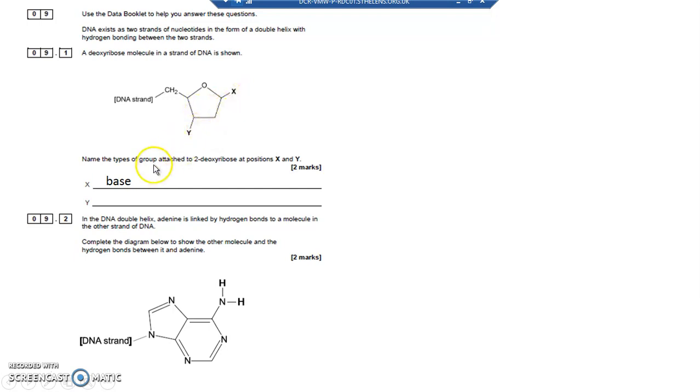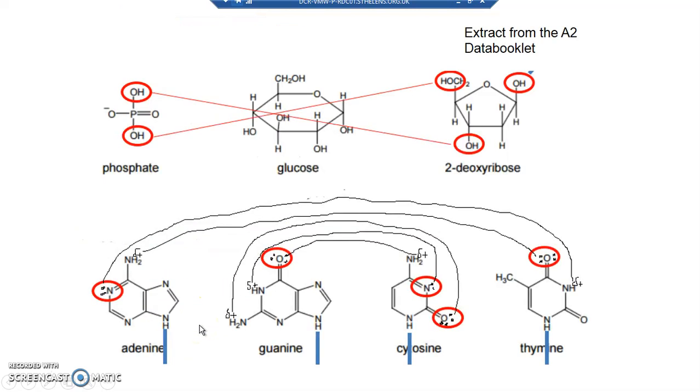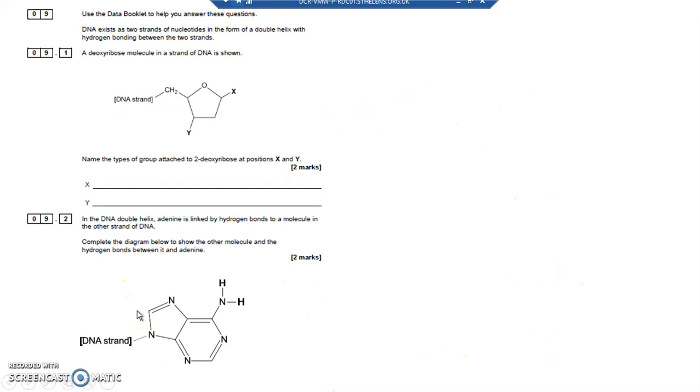Now let's identify it. We're looking at a base that hasn't got any oxygens on it at all. Guanine, cytosine and thymine have got oxygens, so this is adenine, an adenine base.